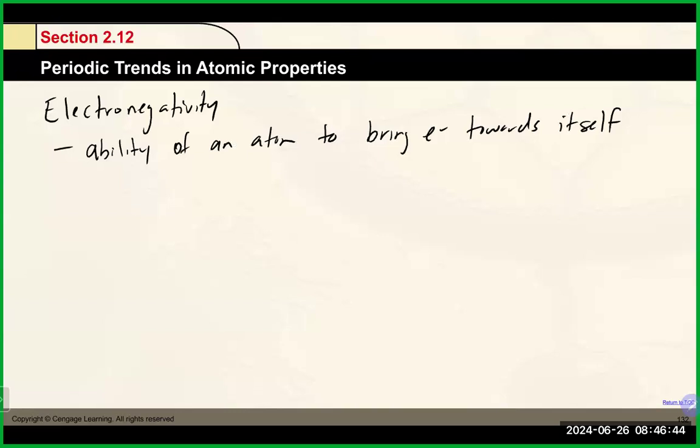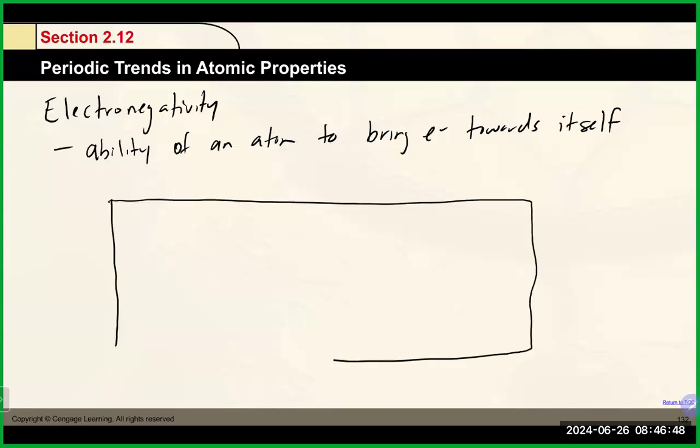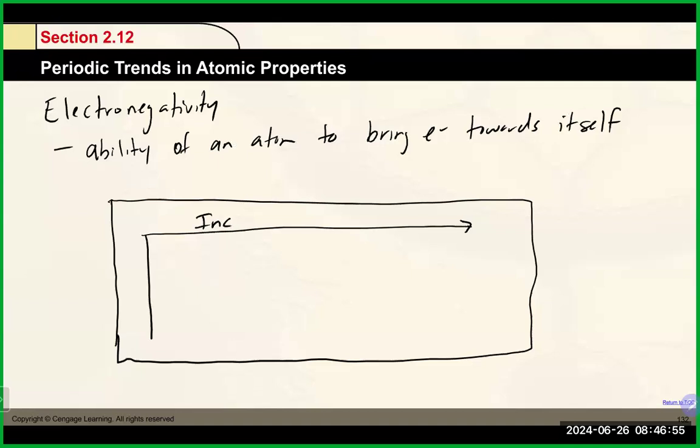And when we look at electronegativity on the periodic table, electronegativity increases as you go this way, and it decreases as you go down. The most electronegative element is actually fluorine. It's the most electronegative element you could have.